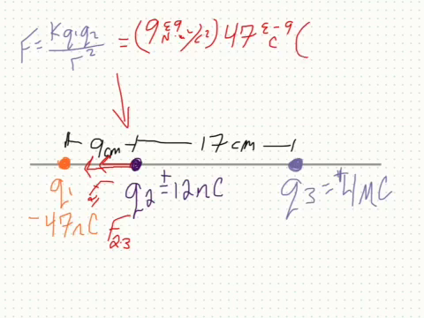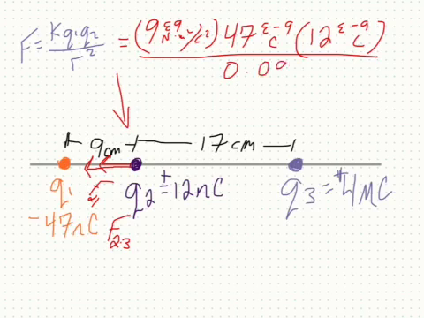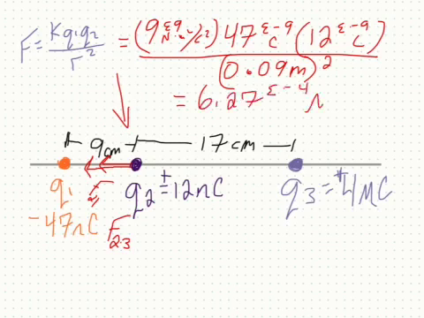And I multiply that by the other charge, which is 12 nanocoulombs, 12 billionths of a coulomb. And I divide that by the distance between them squared, which is 0.09 meters, and I square that. And so when I do that, I get a force of 6.27E-4 newtons.